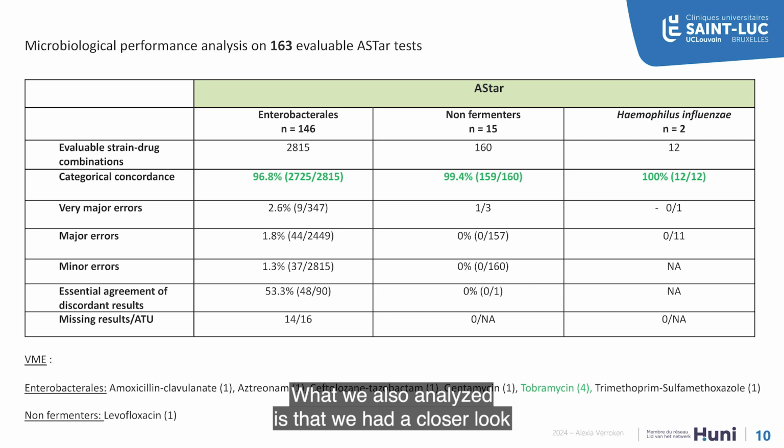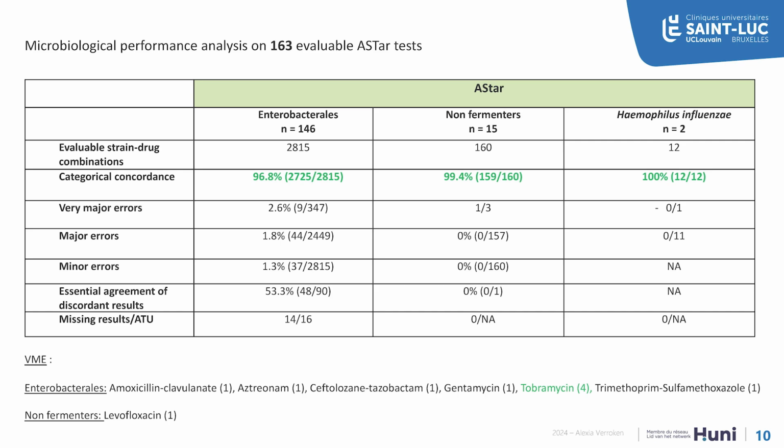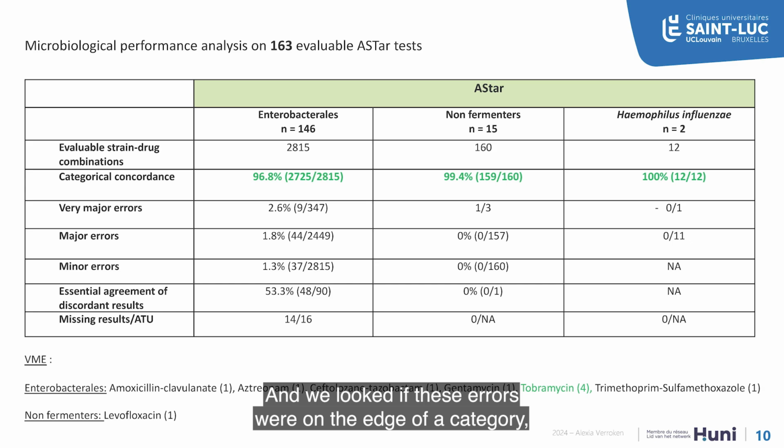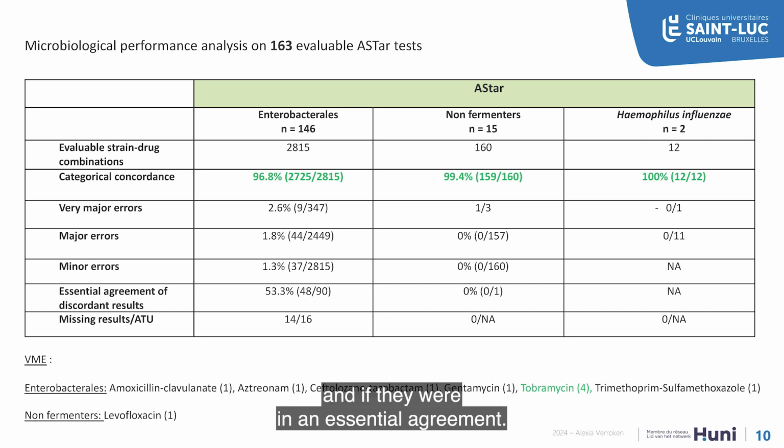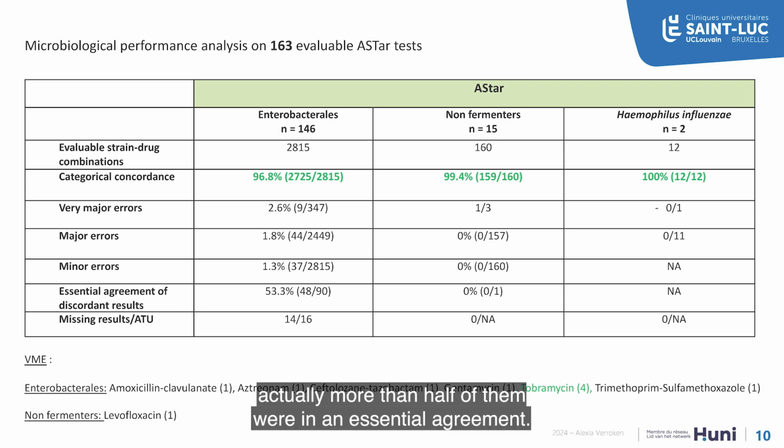What we also analyzed is that we had a closer look at all those errors, and we looked if these errors were on the edge of a category, if they were on the edge of S versus I or I versus R, and if they were in an essential agreement. And as you can see, of all the errors, 90 errors, actually more than half of them were in an essential agreement.